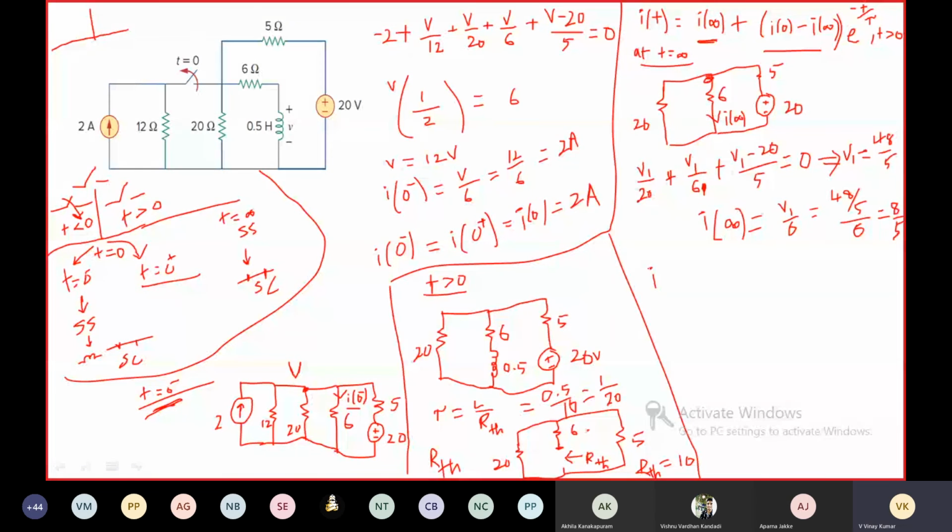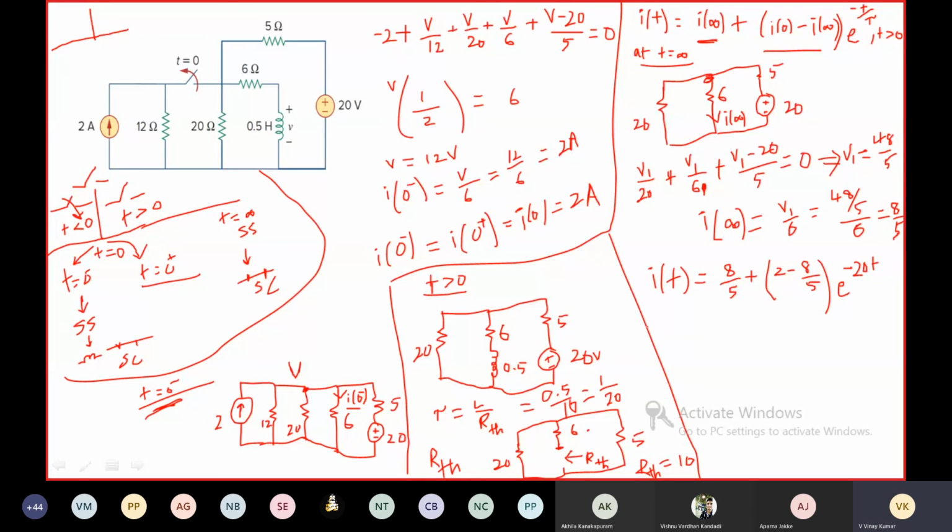We are going to have I of t equal to 8 by 5 plus 2, where 2 is the initial value, minus 8 by 5, into e power minus t by 1 by 20, which means minus 20t.